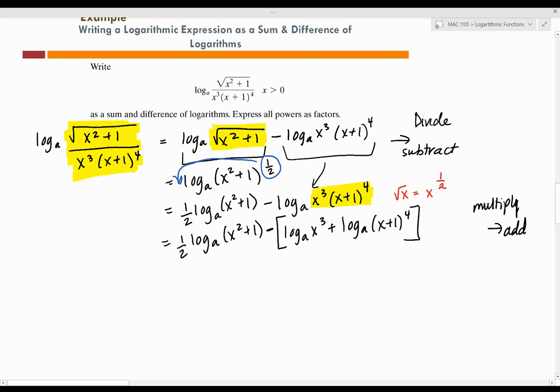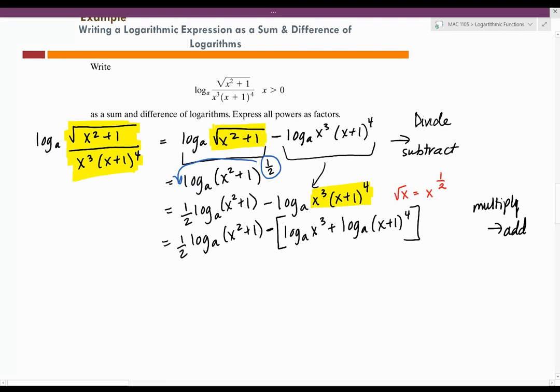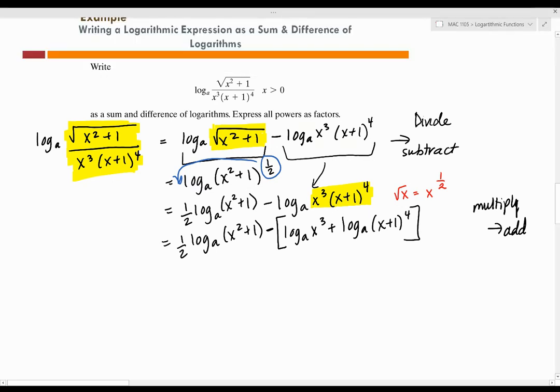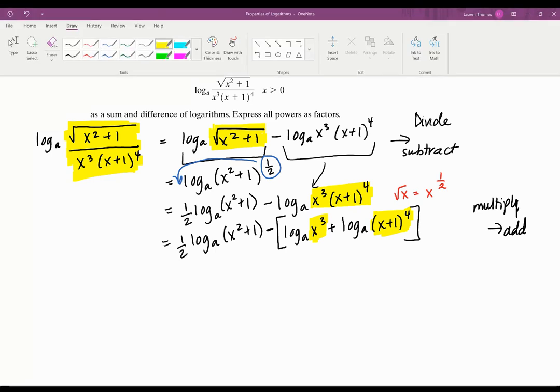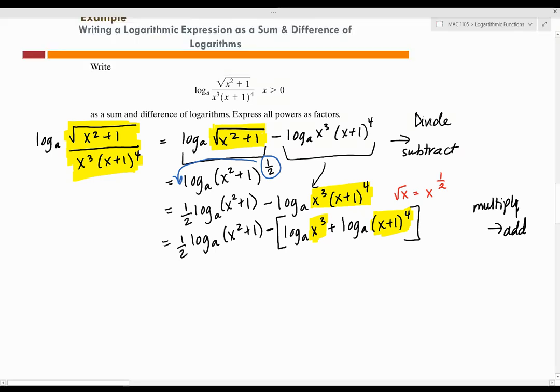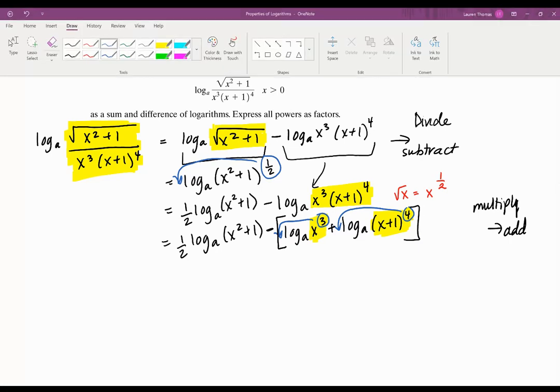Now, in each one of those arguments, I'm following the same steps. I'm looking to see, do I see any multiplication? Do I see any division? Or do I see any powers? In both of those expressions, there's no more multiplication or division, but they each have an exponent. So those exponents are going to come to the front of each one of those expressions. So I'm going to rewrite our problem.